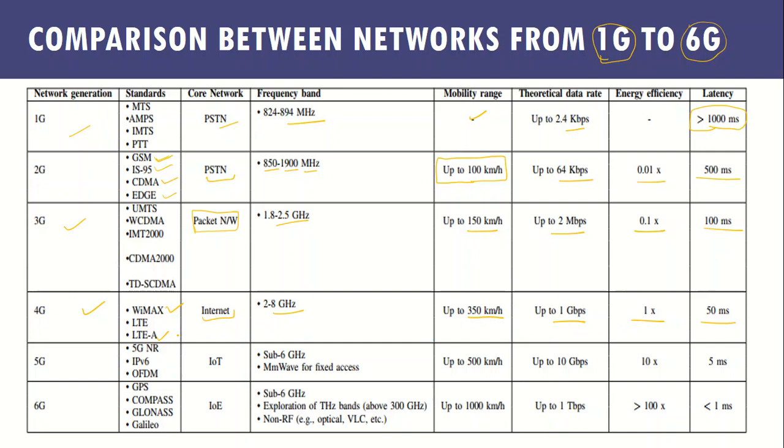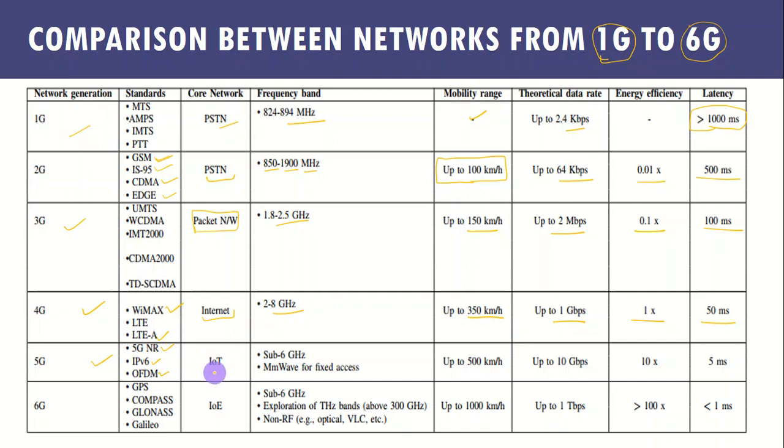In 5G, new radio communication, the IPv6 protocol is used for data transmission, and the OFDM, orthogonal frequency division multiplexing technique is used. TDM, time division multiplexing, is also used, where data is transmitted in time slots, and in FDM data is transmitted from transmitter to receiver according to frequency.